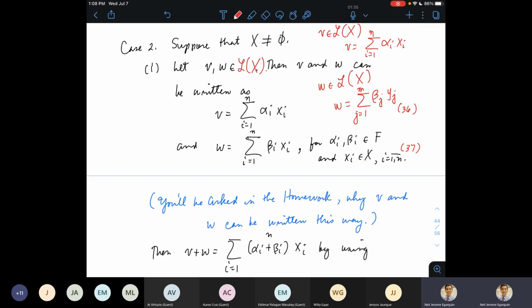I might end up using more elements in generating W than generating V.